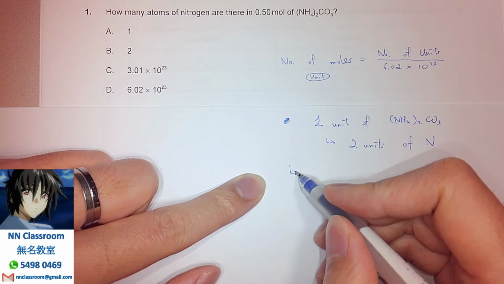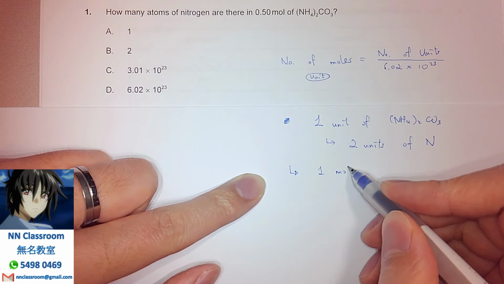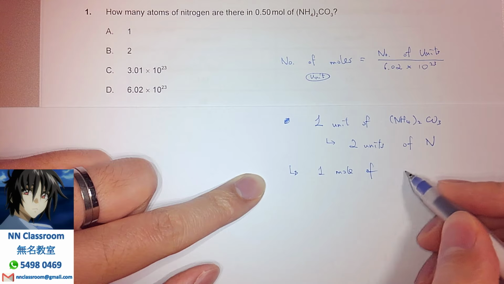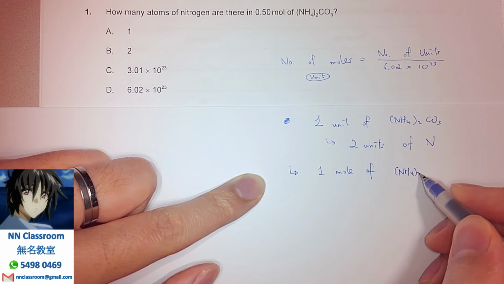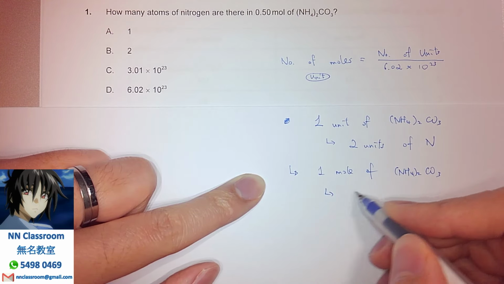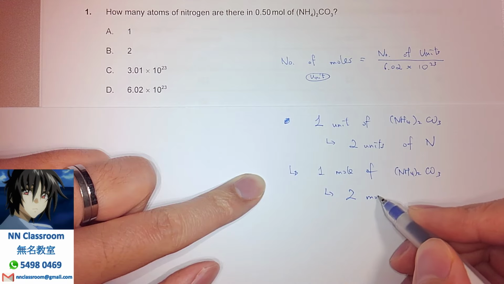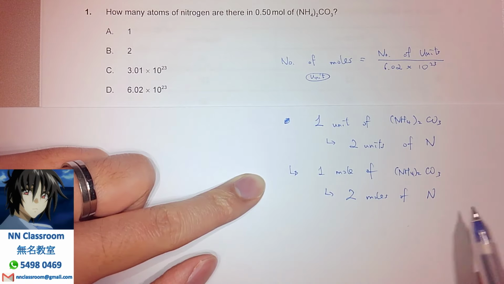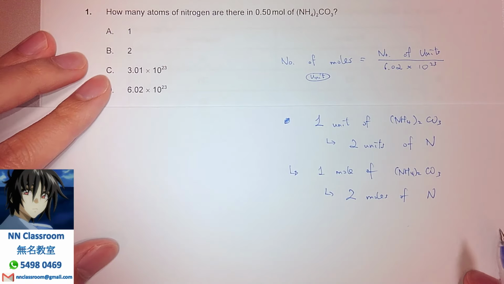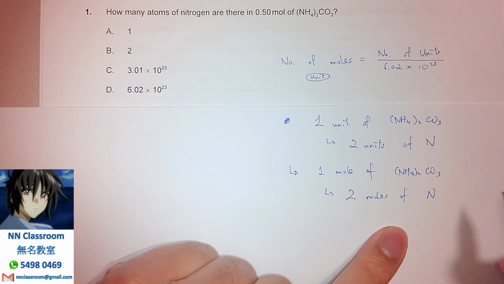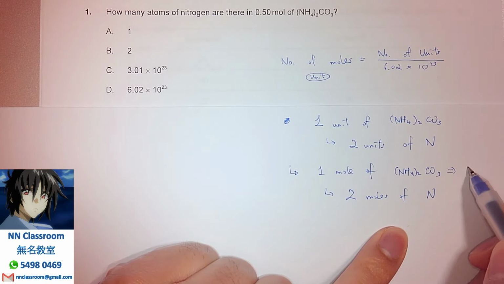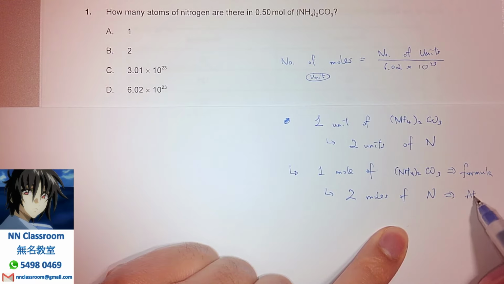So now if we change the noun form, 1 mole of (NH4)2CO3 will have then 2 moles of nitrogen. So in this case, the nitrogen will be the nitrogen atoms, right? You see, I'm now switching the unit from the entire formula to just the number of atoms, right?